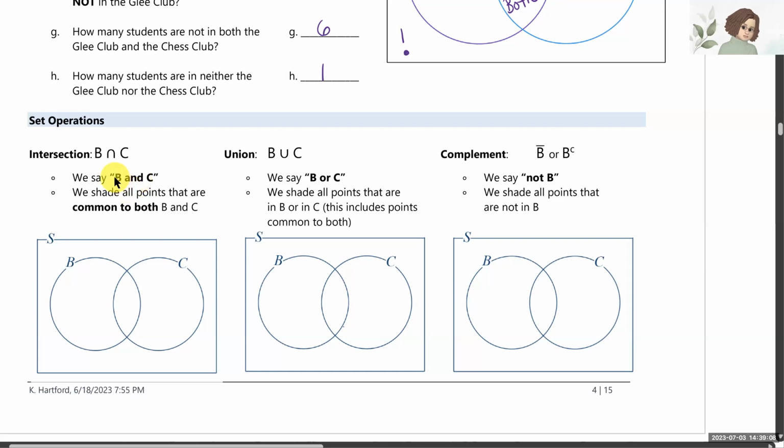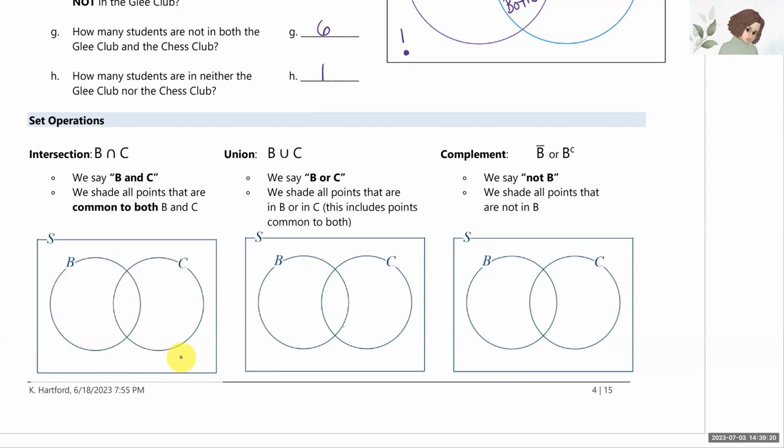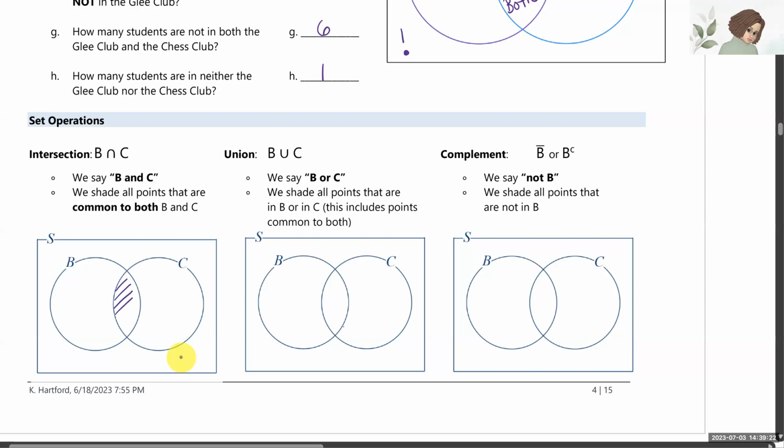So events B and C. So event B and C would be all the outcomes that are in both of those events. So circle B, circle C, and we're going to shade the intersection. So those outcomes that are common to both groups. And there's our intersection symbol. So that is read and.